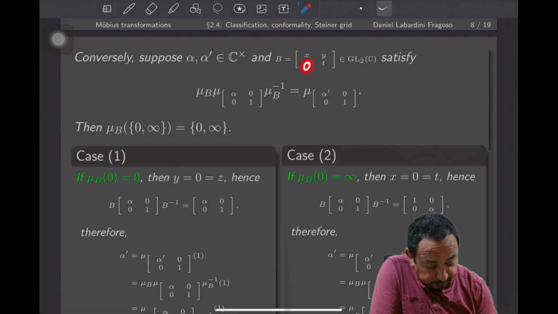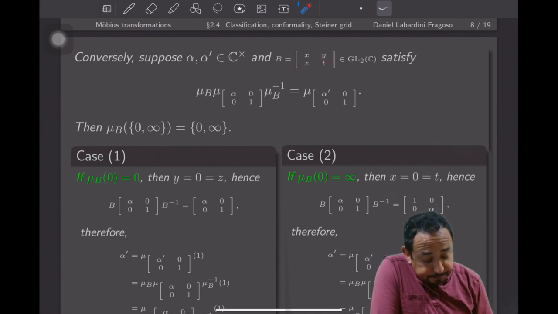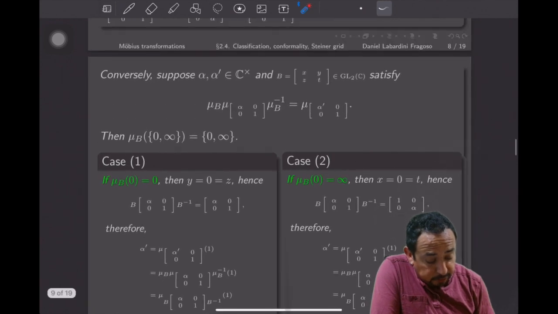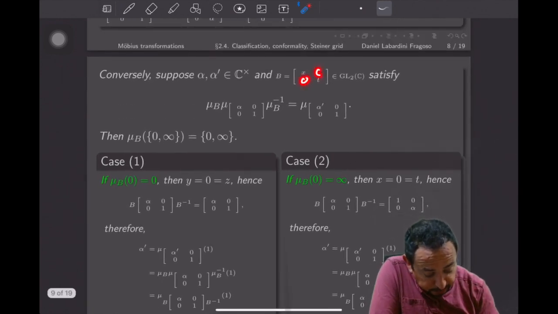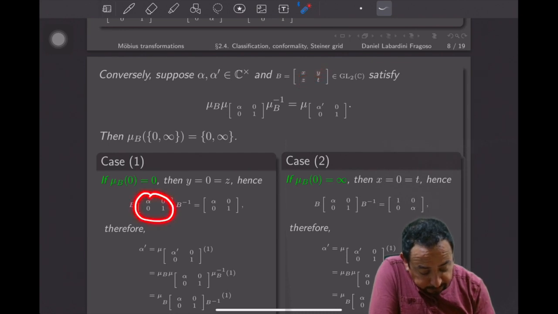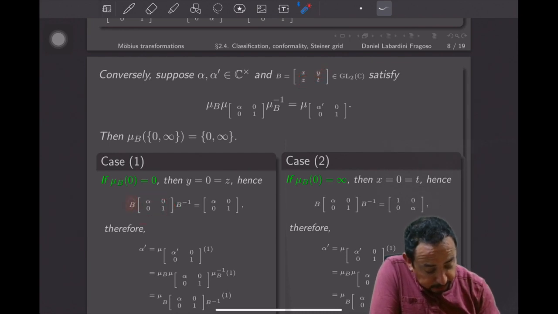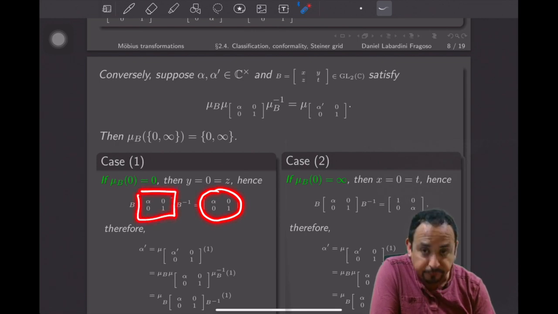This one is because it fixes infinity, and once I know that, since it fixes 0, I know that this is 0. Okay, and so using that information, when I take this matrix and conjugate it with B, it's going to give me back this matrix itself.